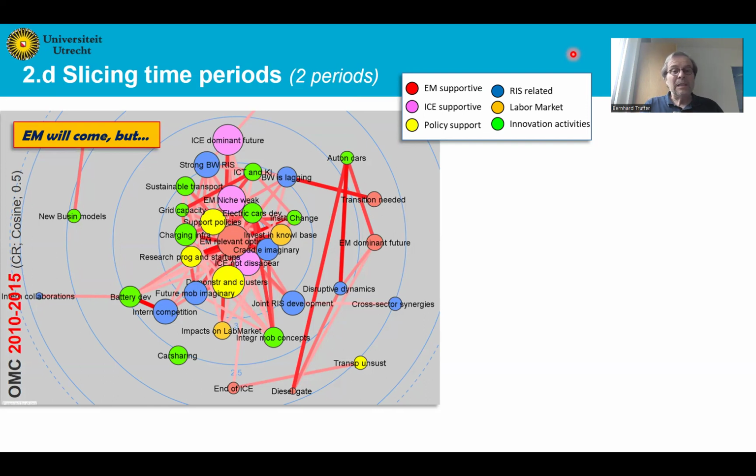So here the first one is, let's say, the original first period, but extending until 2015. And you see more or less the same kind of pattern here with EM being a relevant option and all the other arguments as we've seen. But you have here an additional component, which is about the Dieselgate, which was just breaking in 2015.